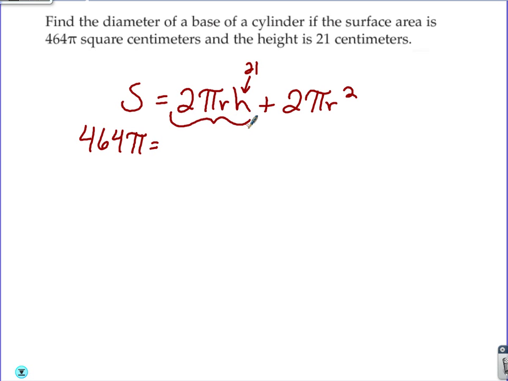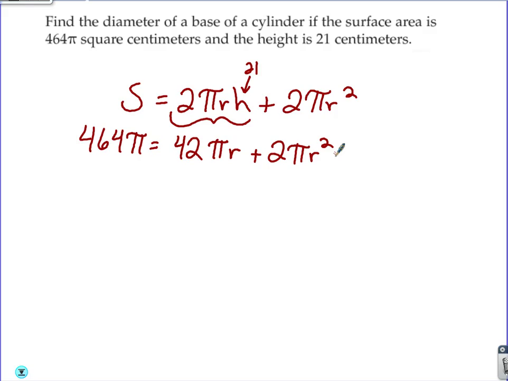Can we clean that up? Can't we multiply 2 times 21? Sure. Since all this stuff is being multiplied together, you can multiply in any order you want to. Let's go ahead and do 2 times 21. It gives us 42 pi r plus 2 pi r squared.